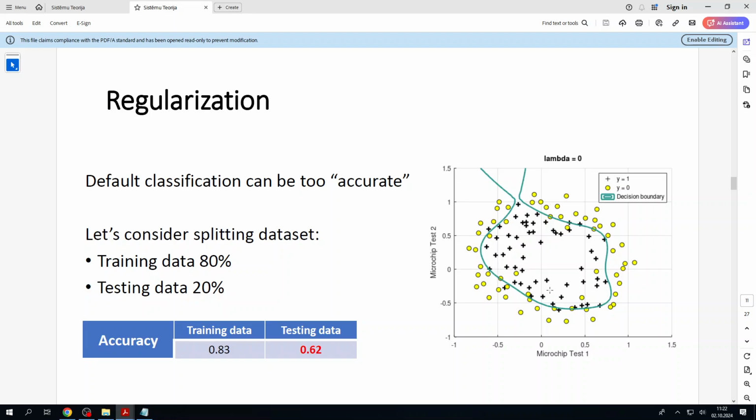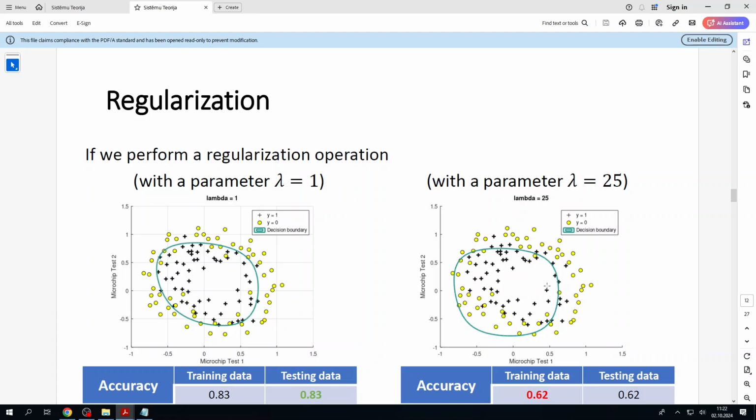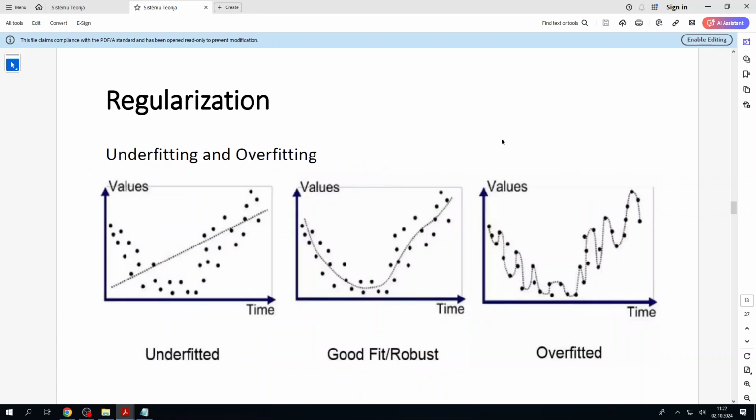So accuracy for training data will not necessarily be the same as for testing data, which you can then address with regularization, as you can see here, to force, in either way, to decrease the training data accuracy without achieving good testing accuracy, or to improve the testing accuracy, maybe at some expense of training accuracy, yes? And then finally, you can this way avoid this regularization problem.